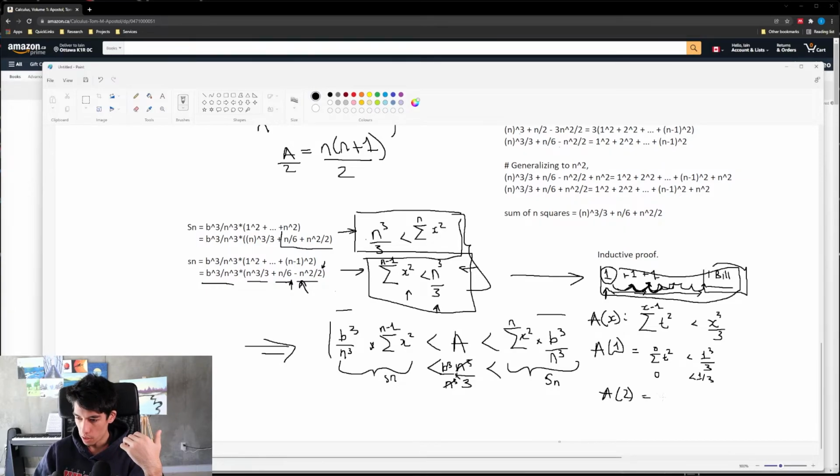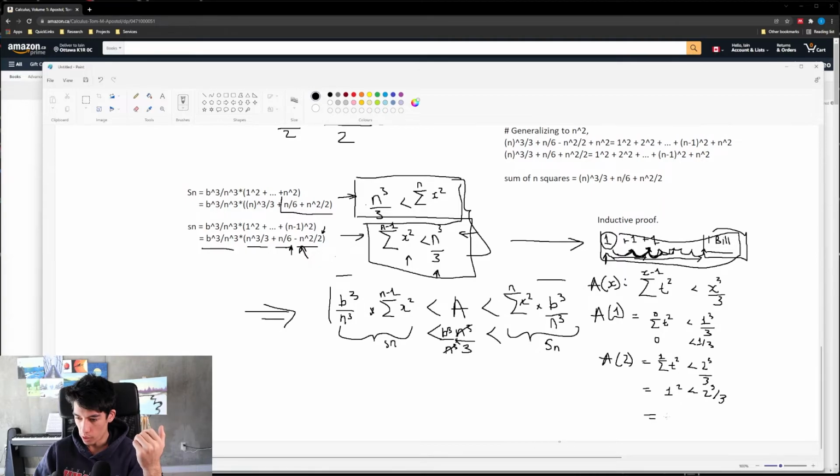Then the sum up to 2 minus 1, which is just 1 squared, is smaller than 2 cubed over 3. That results in 1 squared being less than 2 cubed over 3, which is true, right? 8, to be explicit, 1 is always less than 8 over 3.